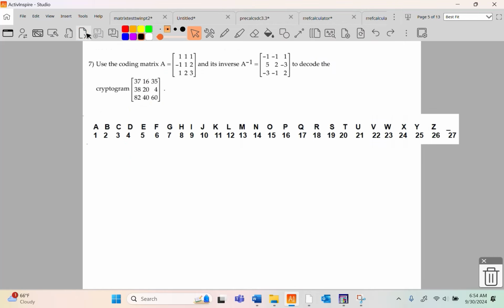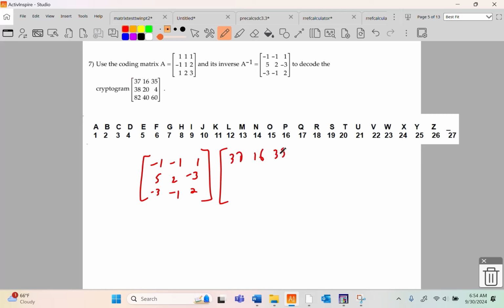All right, another one of these. Use the coding matrix and its inverse to decode a cryptogram. So we're just going to take this guy right here. He's going to come first. And we're going to multiply it by the second one. And it's going to be second by that one. See, they're saving you time here.